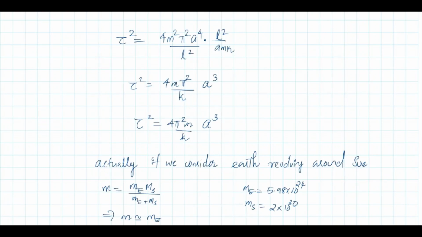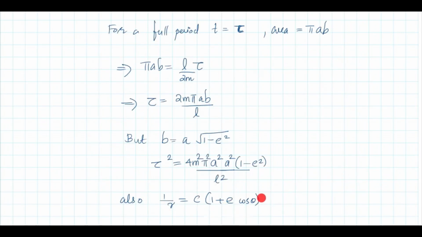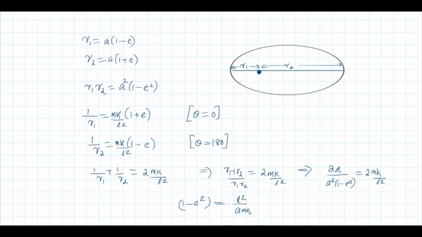When this right hand side is minimum, 1 by r is minimum and r will be maximum. So for a large r, theta will be 180, and cos 180 is minus 1. So 1 by r2 you can write as mk by L square into 1 minus e.